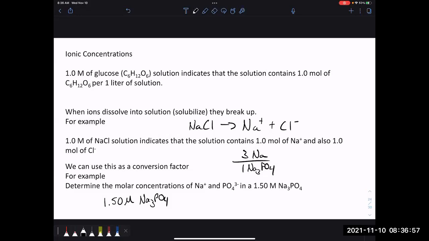So we can use this as our conversion factor: 3 sodiums for every 1 sodium phosphate. So we're actually going to have 3 times the molarity. So it'll be 4.5 molar sodium ion concentration.